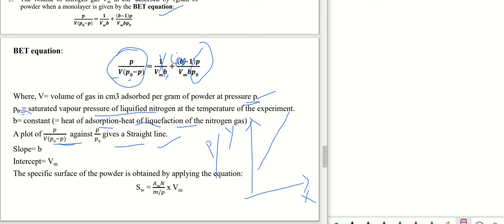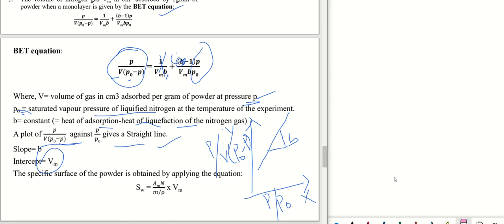P by V into (P naught minus P) against P by P naught will give a straight line. And we need to determine its slope. Its slope would be related to B, and its intercept would be related to Vm.